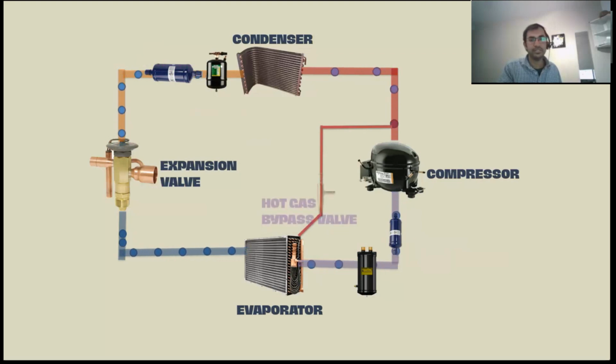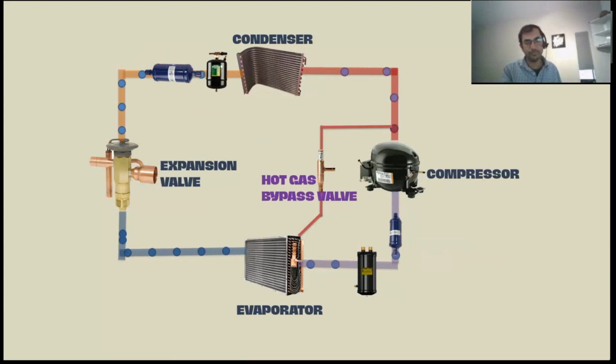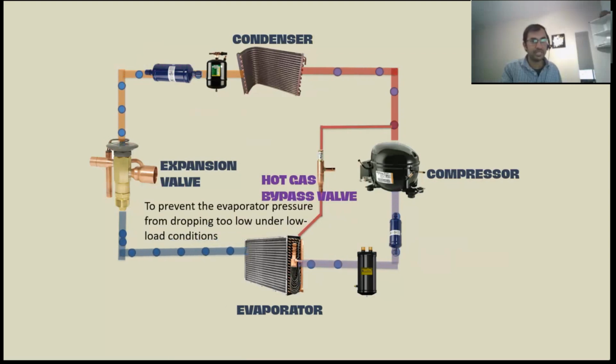And then there will be a hot gas bypass line, and this is the hot gas bypass valve, to prevent the evaporator pressure from dropping too low under low load conditions. For example, if you are in a conference room and it is very low load, then what will happen? The system will stop, or there will be short cycling, the compressor will go on and off.